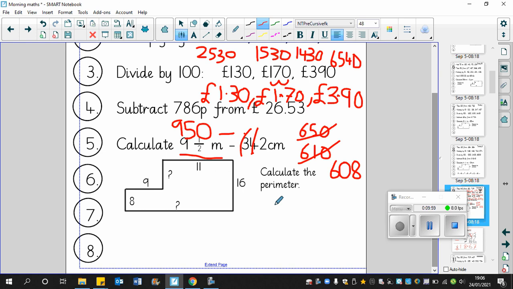So finally we have question 6. Right, horizontals first. So we've got a question mark there. We've got a horizontal 11 there, and we've got a horizontal 9 there. And the 9 and the 11 add up together to make, of course, 20.